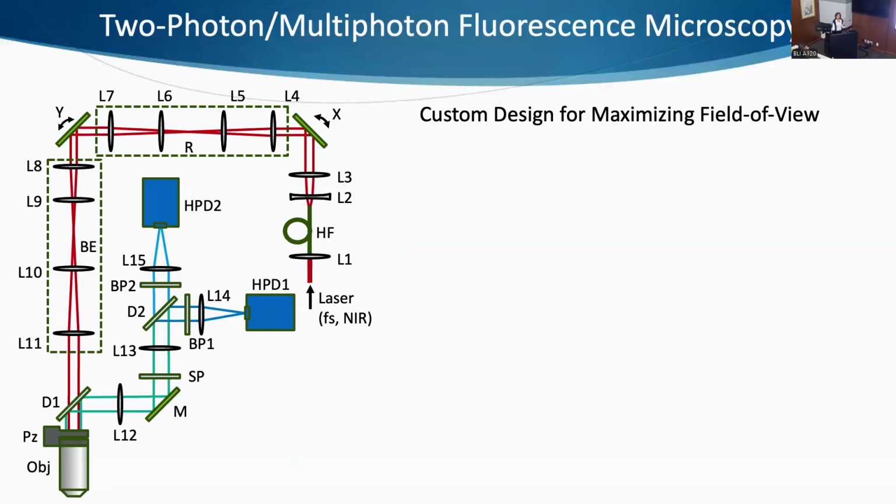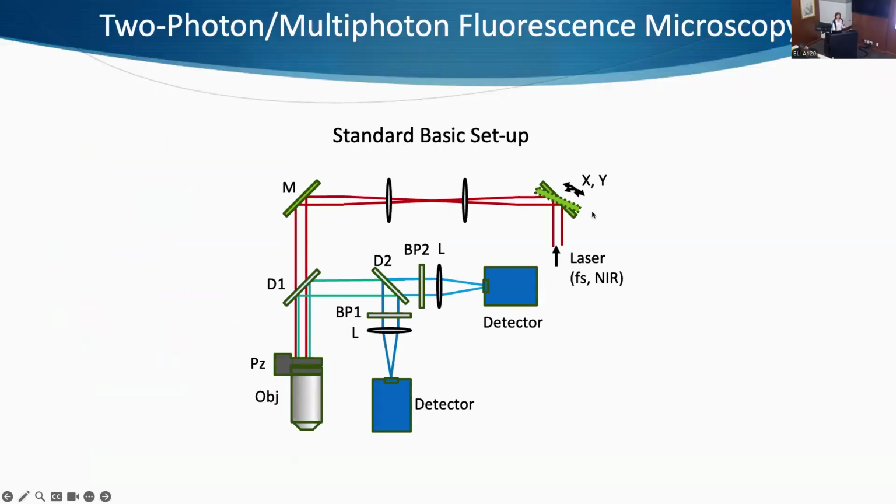So remember, in the previous setup, you have this pair of mirrors that are very close to each other. And when I say you want to image the beam on the back aperture of the objective, I said you image the pivot of the mirror. And now the next question is the pivot of which mirror, right?